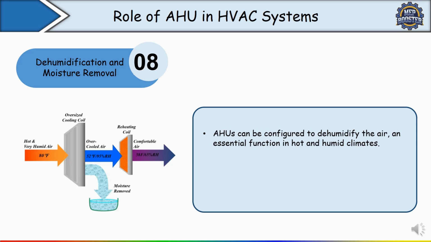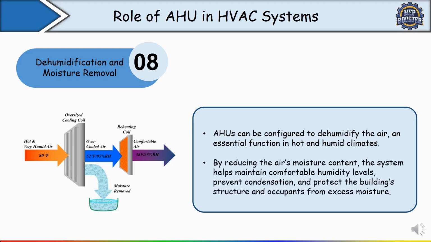AHU generally removes excess moisture from the air to control the humidity level, particularly in humid climates or during summer. By reducing the air moisture content, the system helps maintain comfortable humidity levels, prevent condensation, and protect the building structure and occupants from excess moisture.